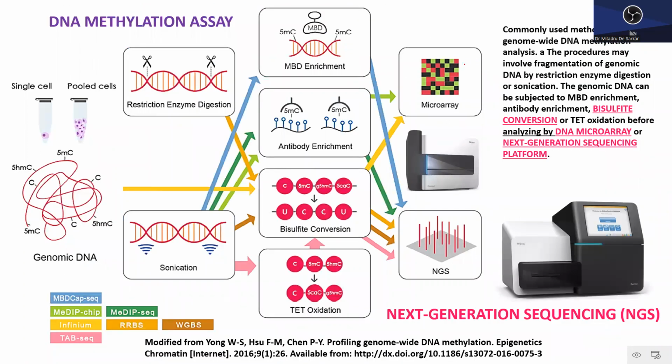The two important molecular genetic methodologies that we shall be talking about now, we won't have time to talk about in detail, but the basic approach is that you collect the DNA and then subject it to restriction enzyme digestion. Now I'm talking about the DNA methylation assay. You go in for a procedure known as bisulfite conversion, and then follow it up with next generation sequencing or a DNA microarray.